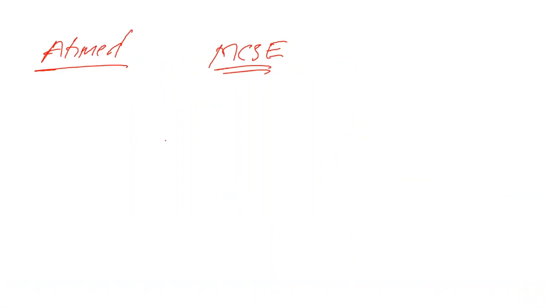The first 15 days, we are discussing the system administration part. In the system administration part, we are discussing the basics of networks and types of networks, technology of the network, hardware of the network.